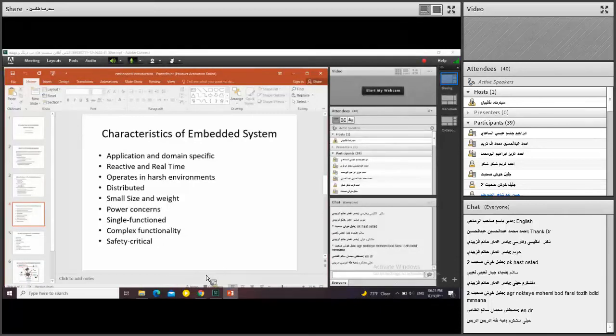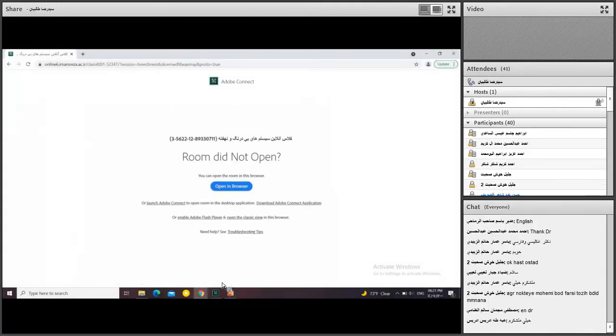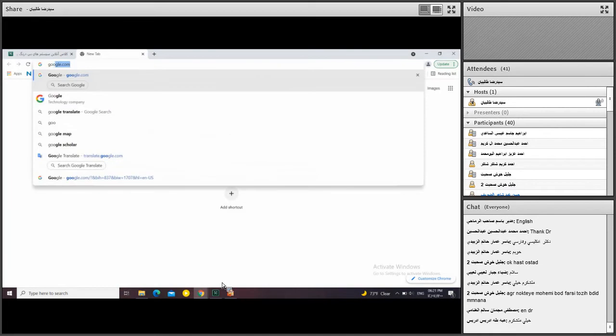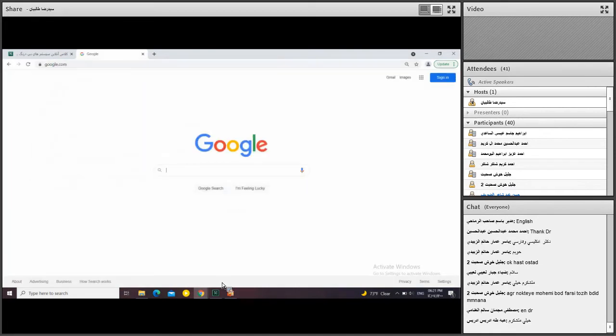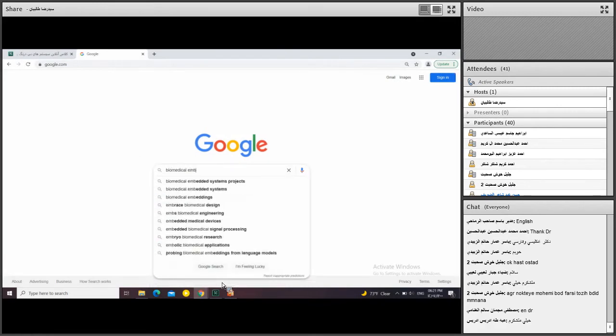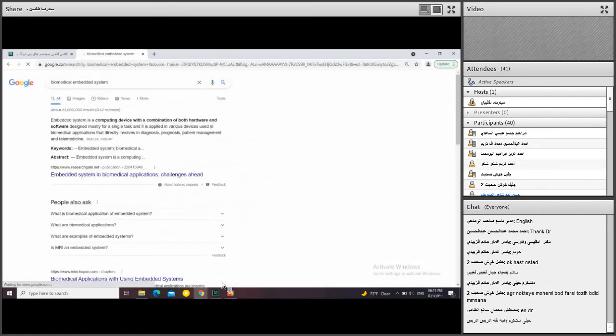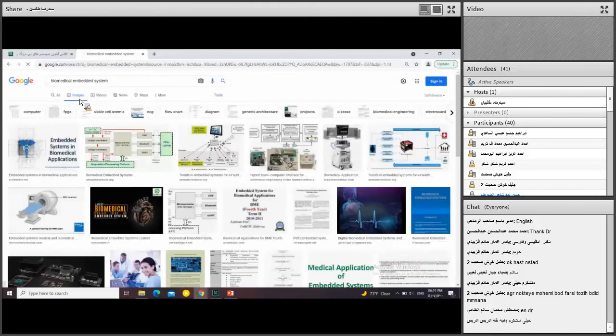For example, we can find some examples on the internet. For example, biomedical embedded systems, and some images about them. We can find some embedded systems in the biomedical engineering field.